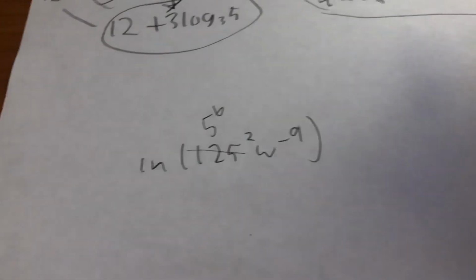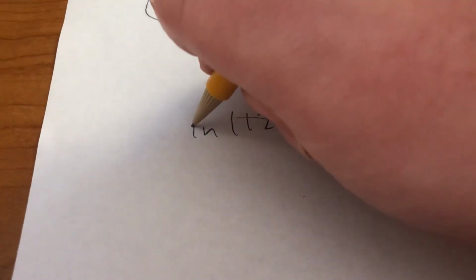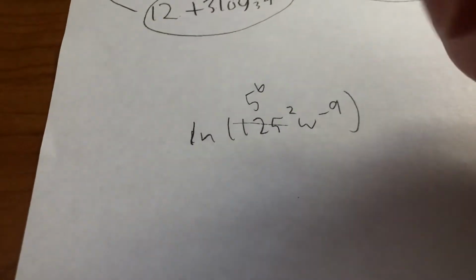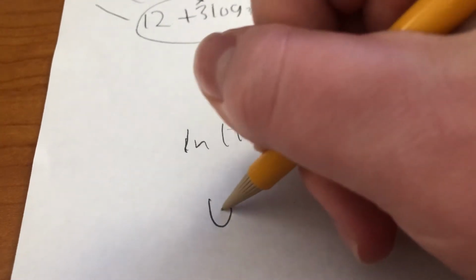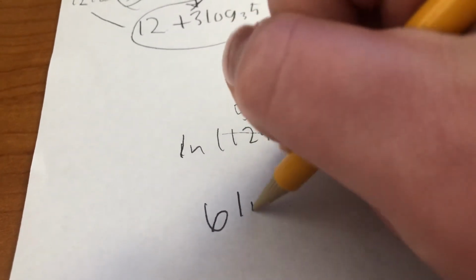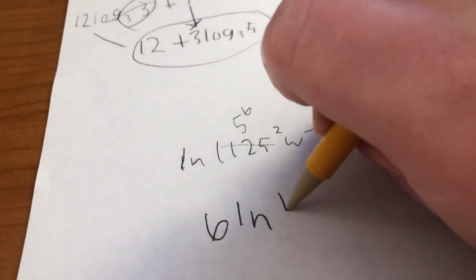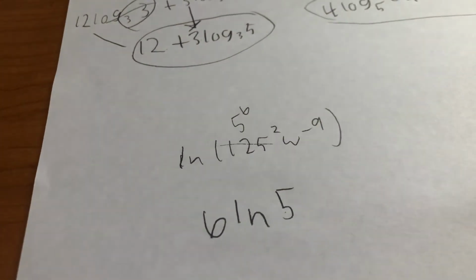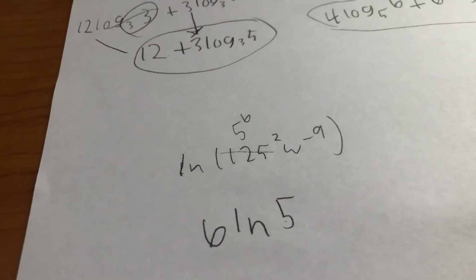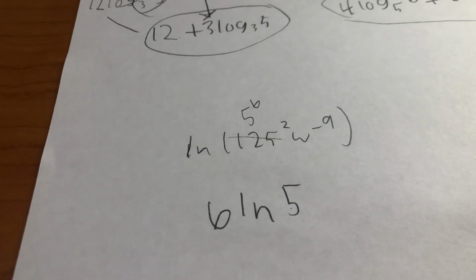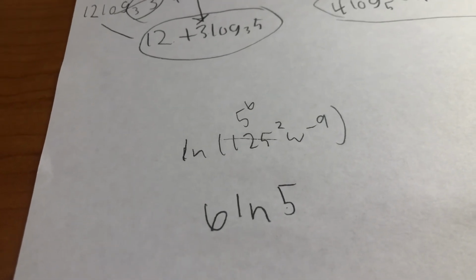Now we're going to be assembling our answer. I'm just going to make it a little longer there. There we go. We're going to have 6 with the natural log, and then 5. Just like before, we're using the same exact layout, the outline.